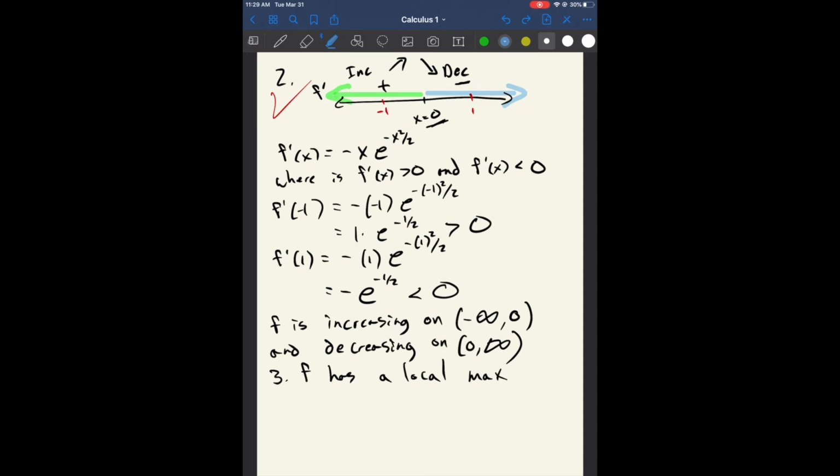And we can see that, in fact, it's going to be a local max because the graph of the function goes up to the left of it and then down to the right of it. So we know that that has to give us a local maximum, because it goes up and then down. So that means that we have a local maximum at x equals 0 and with value f of 0.